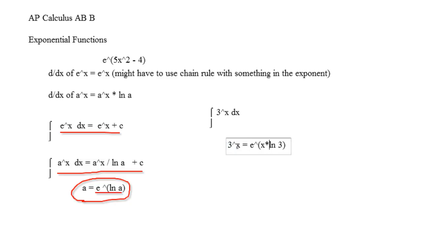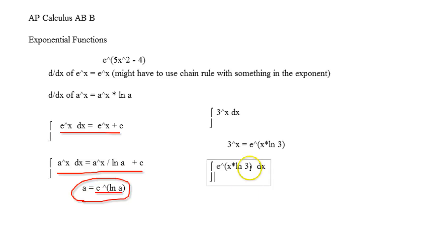So this becomes x times the natural log of 3. So now what I'm dealing with is the integral of e to the x times the natural log of 3 dx.